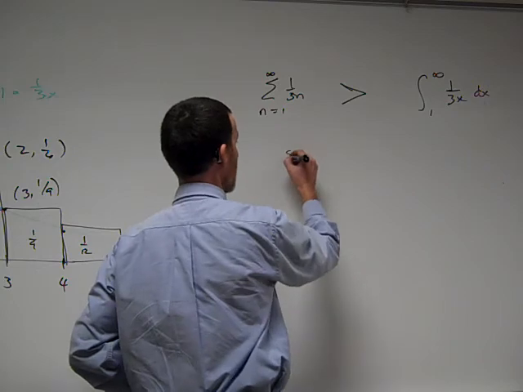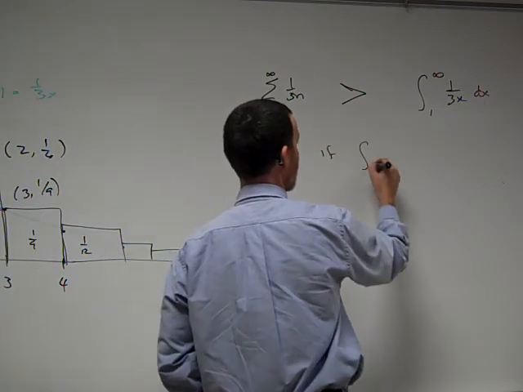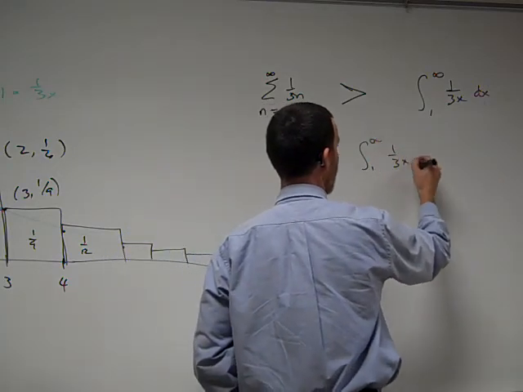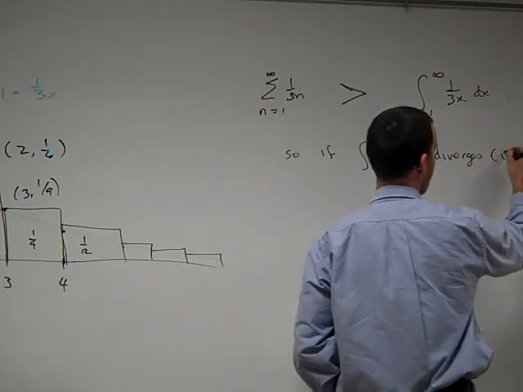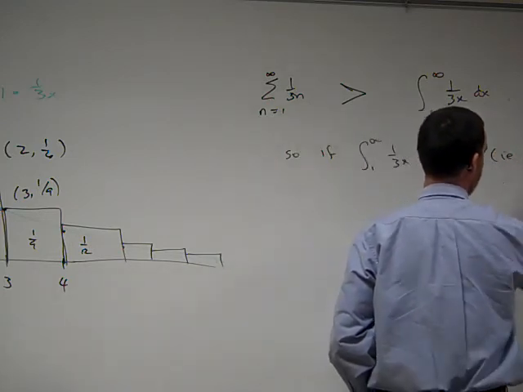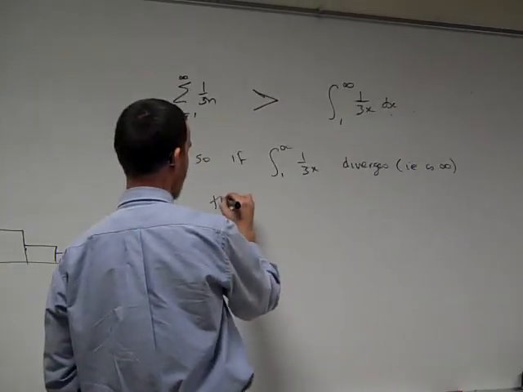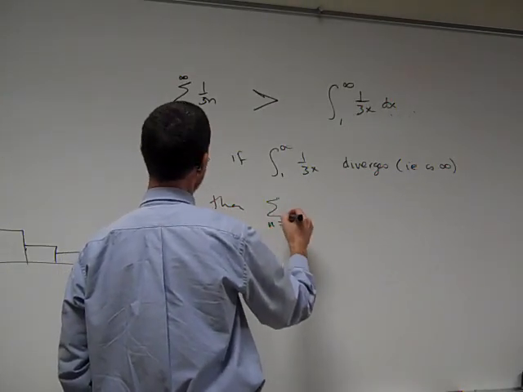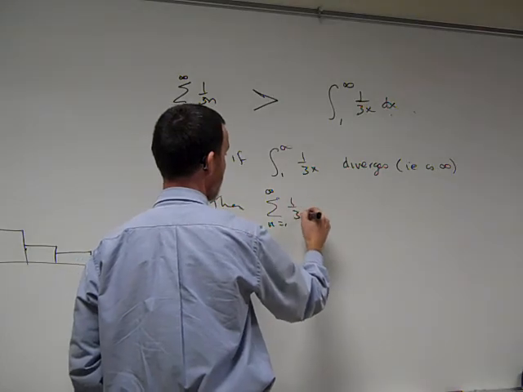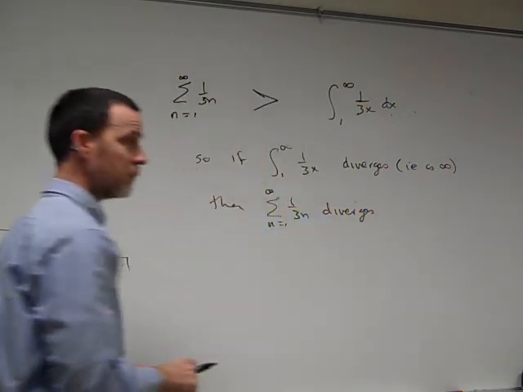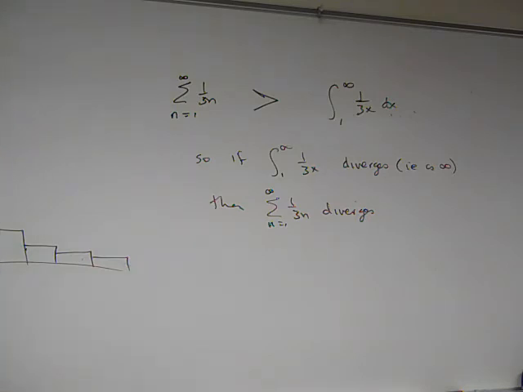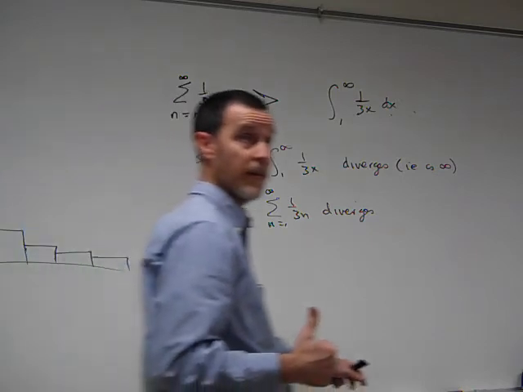So if the integral from 1 to infinity of 1 over 3x diverges, i.e. is infinite, then the sum from n equals 1 to infinity of 1 over 3n diverges. Okay? That clear? That good?